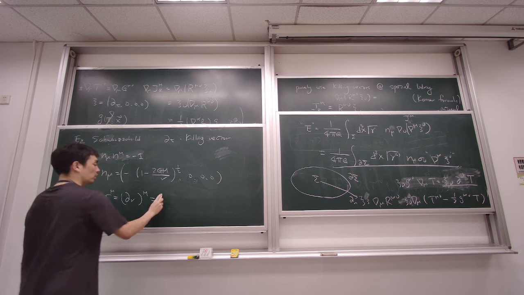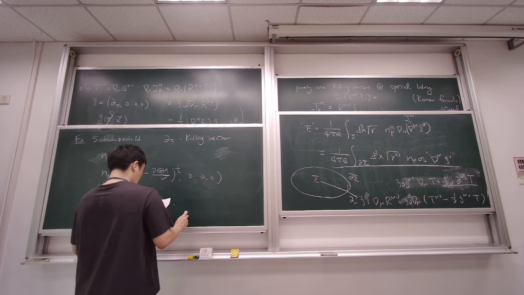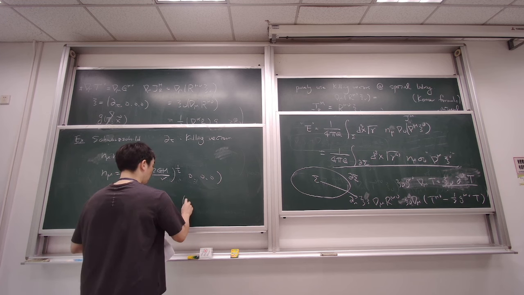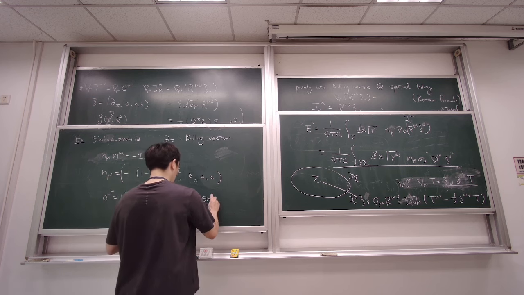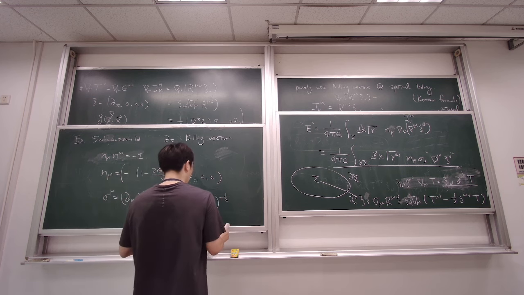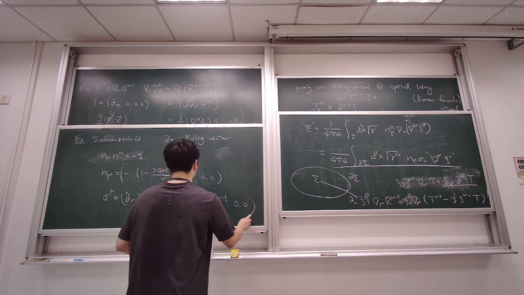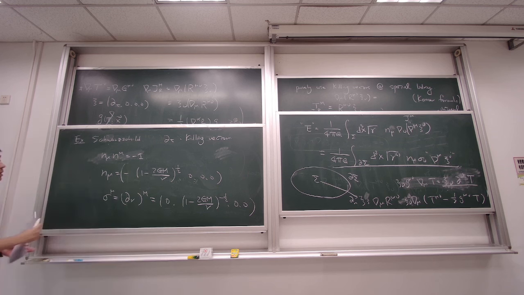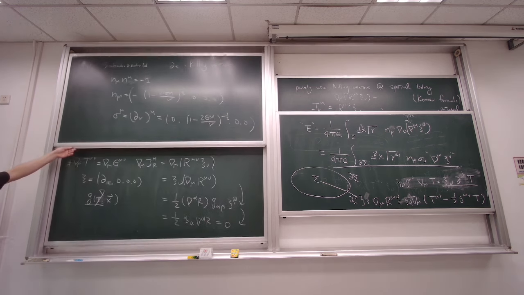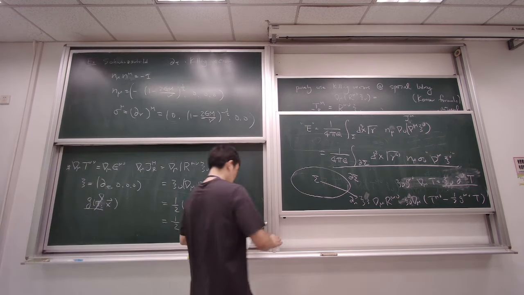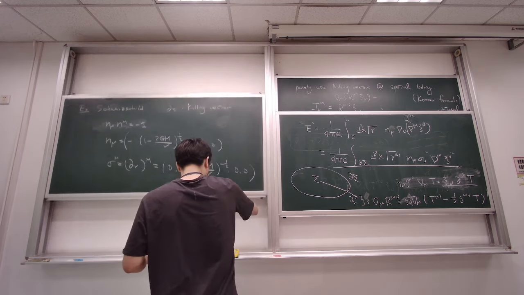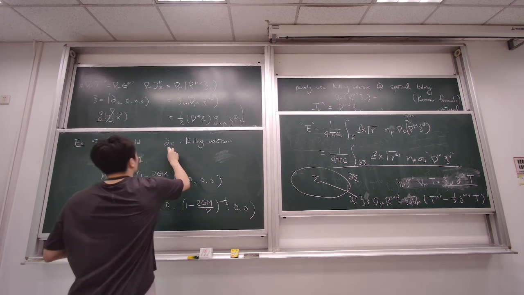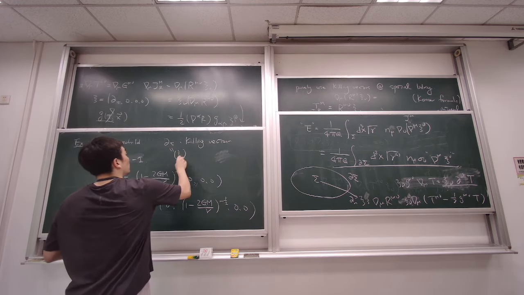So therefore, this can be understood as 0, the square root of 1 minus 2GM over r, 0, 0. Okay, like this. And then this is a Killing vector. Sorry, this is a Killing vector.